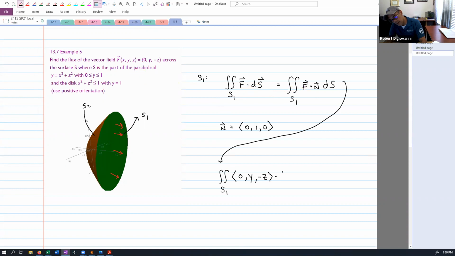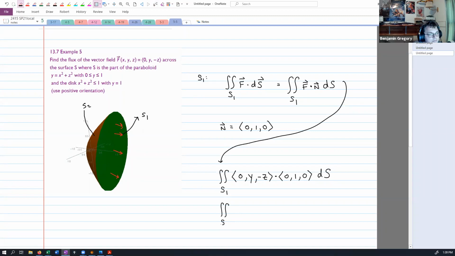If I dot that with that normal vector ds, what am I left with? Just y. Y ds. Now, this is a surface integral from before, right? Like from prior classes in this section.